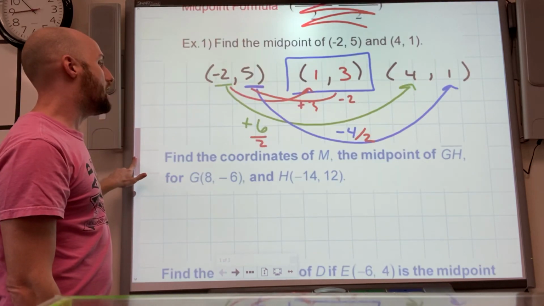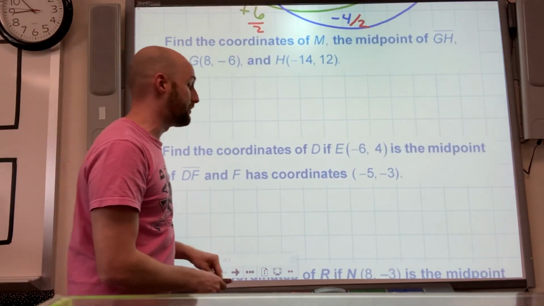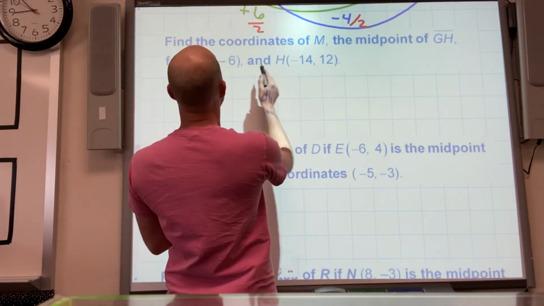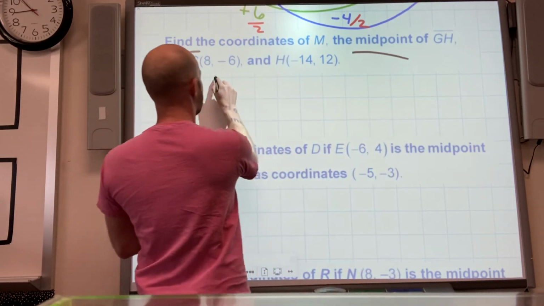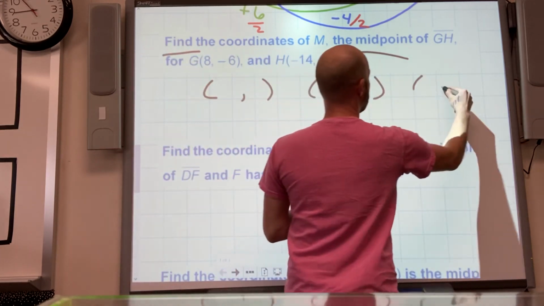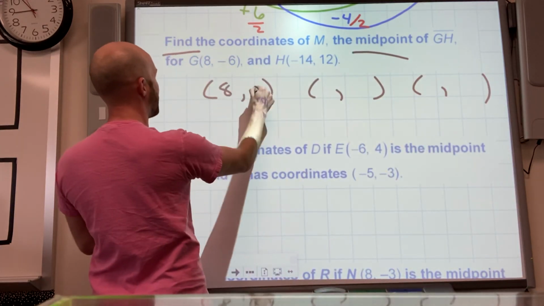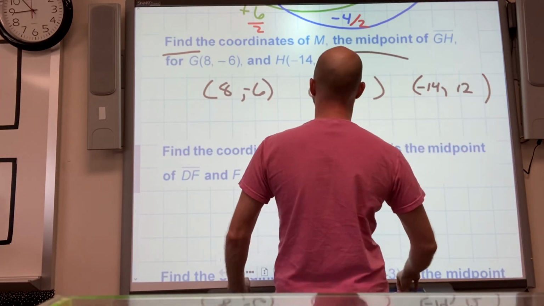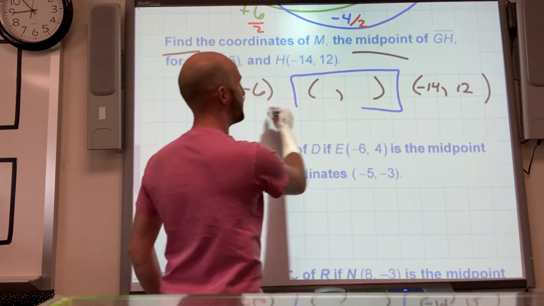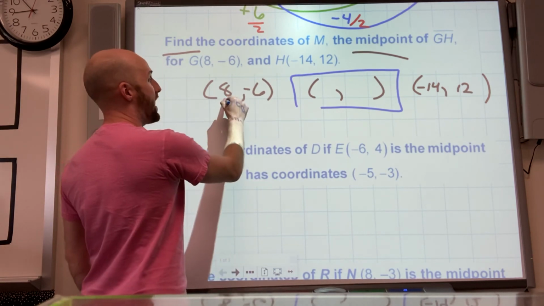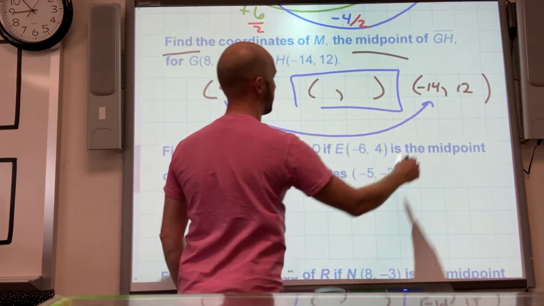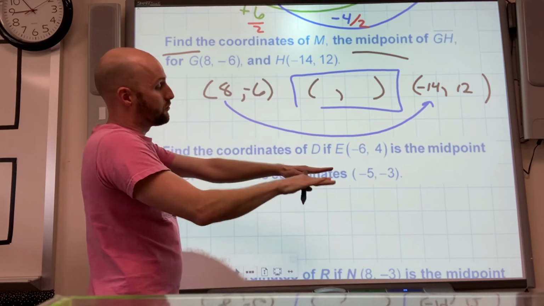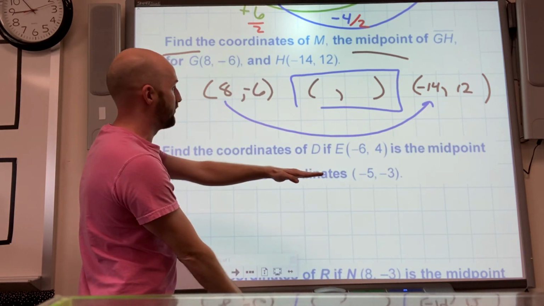Okay, I'm gonna do the second one a little bit faster because it's the same concept. They're asking, find the midpoint. So again, setting this up, I know that one endpoint is 8, negative 6, the other is negative 14, 12, and we are looking for this middle point. From an 8 all the way down to a negative 14, I had to subtract 8 to get to 0 and subtract 14 more to get to negative 14.